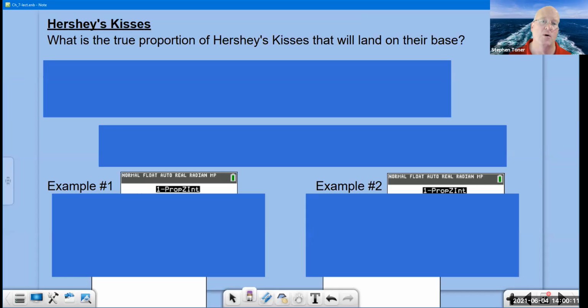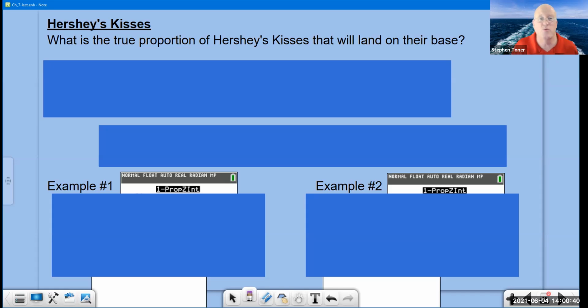Okay, now an activity that if we were in class, this would be your favorite activity of the semester, because I'd be bringing Hershey's Kisses into the classroom. We all know that when you flip a coin, the probability of a heads and a tails is each going to be 1/2. However, you don't know when you flip a Hershey's Kiss whether it's going to land on the flat round base or whether it's going to be tilted with that point end kind of down onto the table.